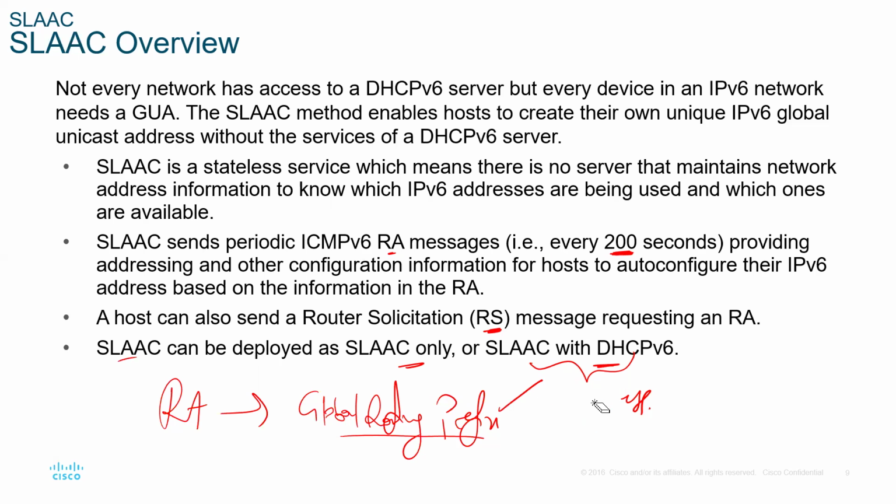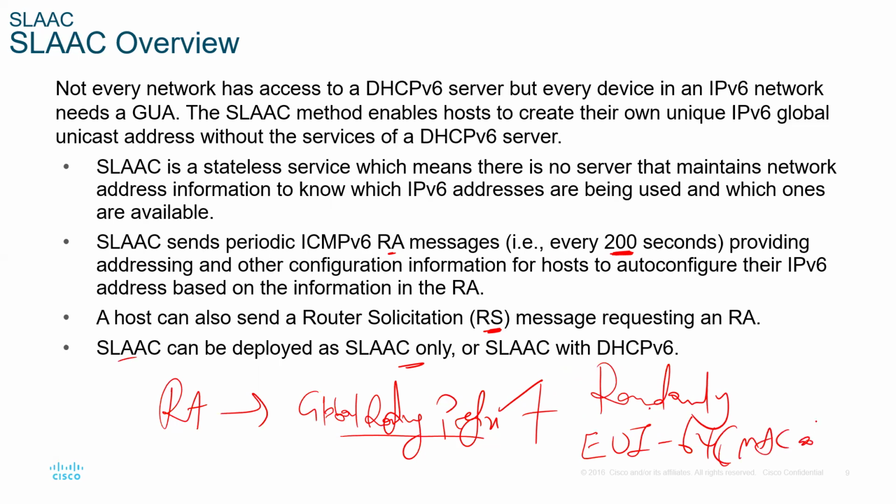Then we add either randomly or by using the EUI-64 value, which makes use of the MAC address. So this is a way of dynamically assigning an address without needing a server.